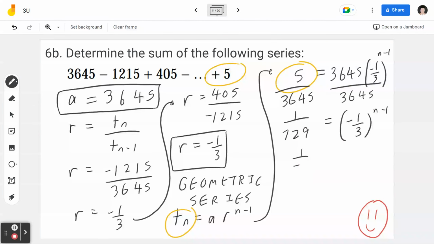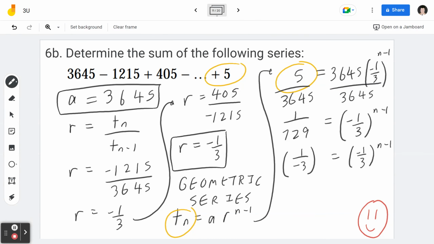So you want to go back and express this with the base negative 1 over 3. And you've got to figure out negative 1 over 3 in brackets to what power will give you 1 divided by 729. So the first hint, of course, is we're probably thinking about a negative number. Let's see if this works.